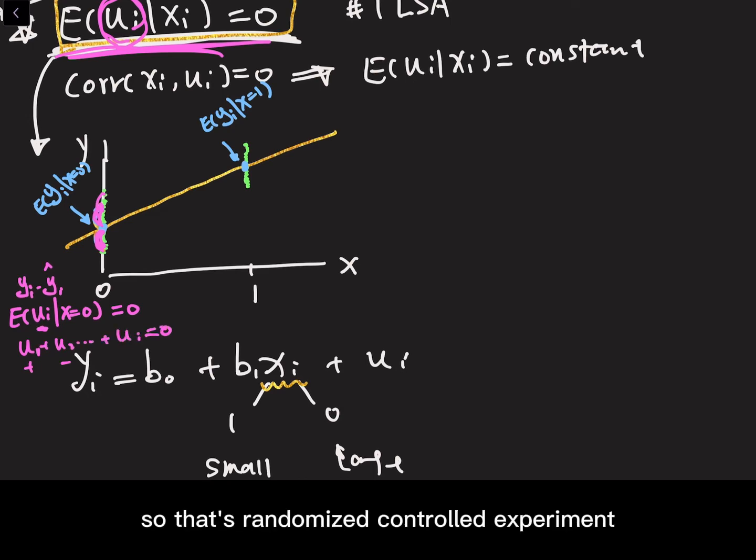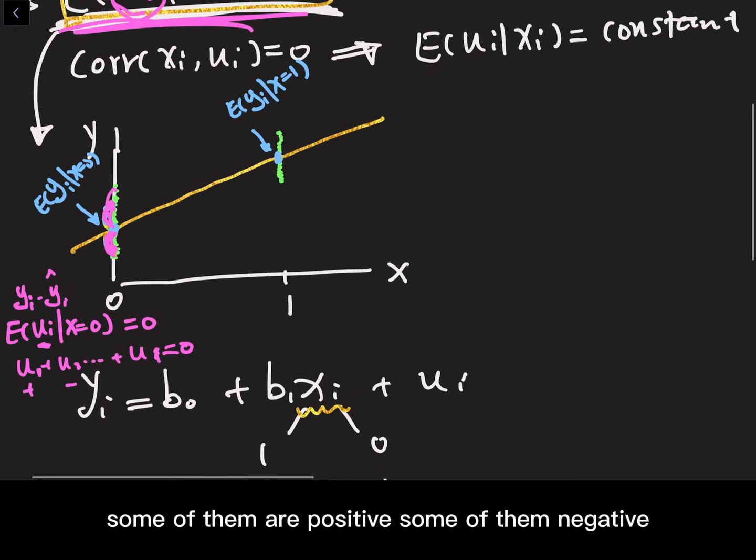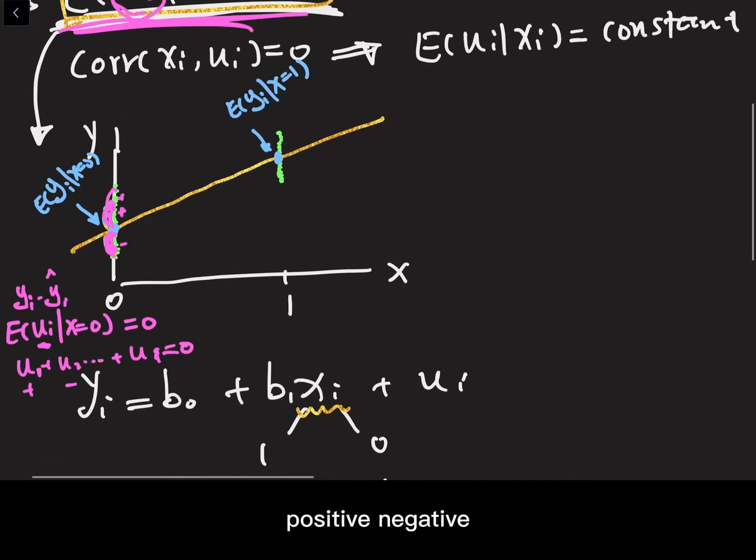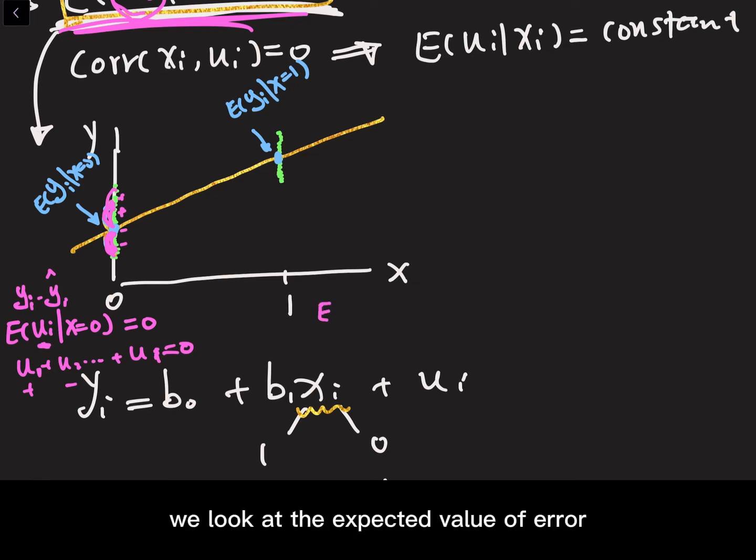So that's a randomized controlled experiment. You sum all the errors over i; some are positive, some negative, and the sum equals 0. Same thing for the expected value of error, the difference between observed y and predicted y, given x equals 1.